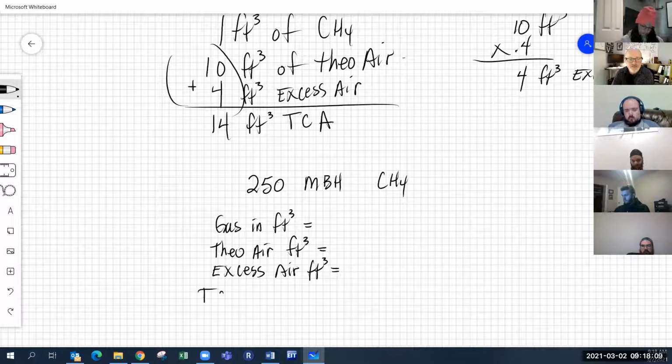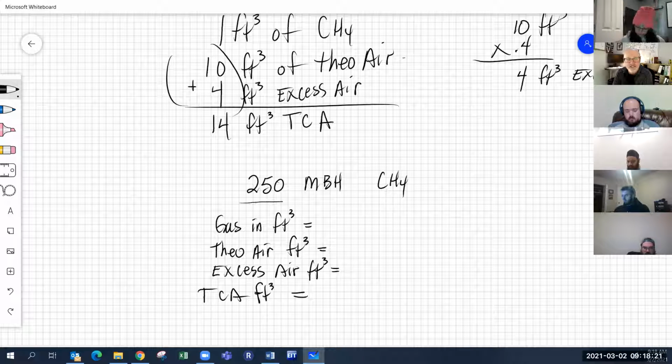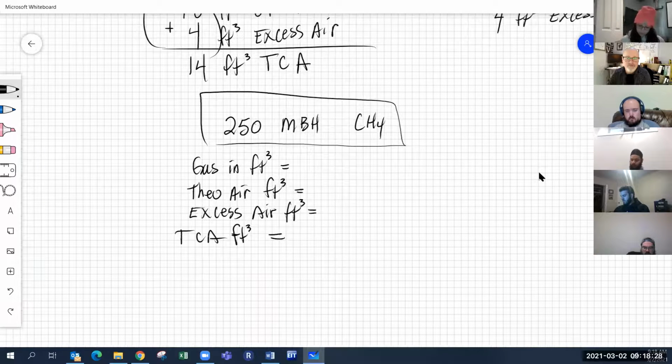And I want to know the total combustion air in cubic feet. So get those things from this appliance right here. I'll give you a second to do that.